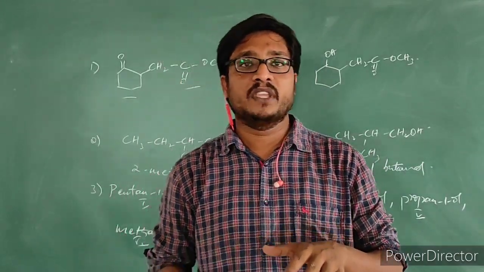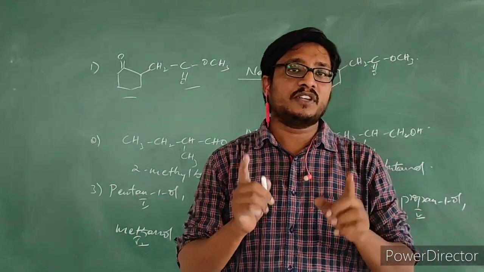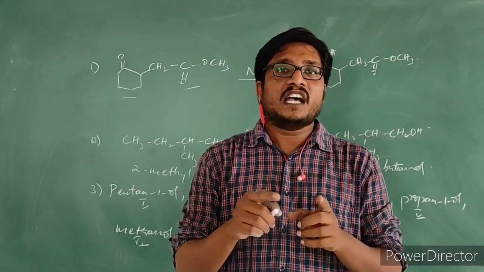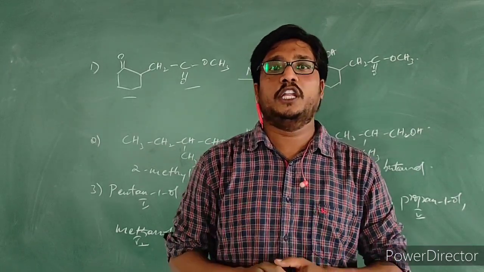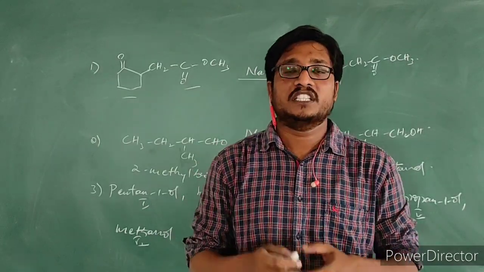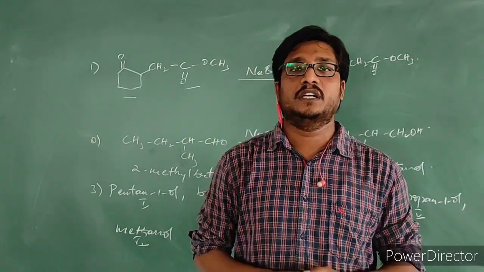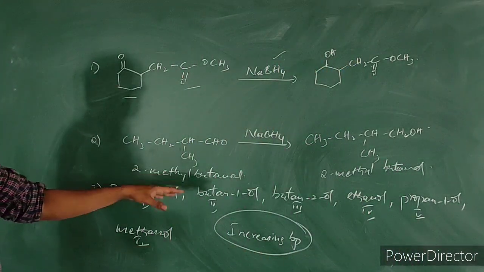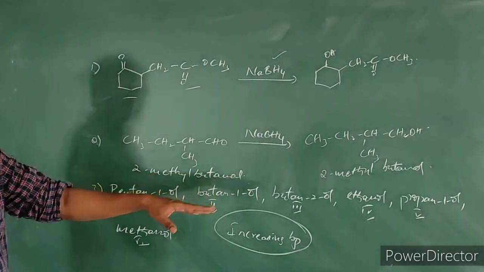Remember this point. When we consider isomers of a compound, the isomer which has high branching will have low boiling point, and the one which has low branching will have high boiling point. This is with respect to isomers. So let us see these compounds: pentan-1-ol, butan-1-ol, butan-2-ol, ethanol, propan-1-ol, methanol.